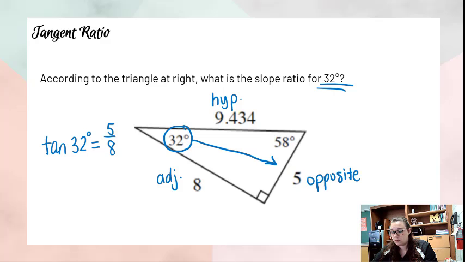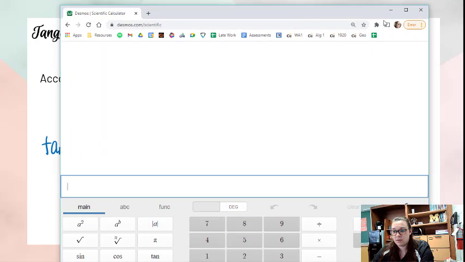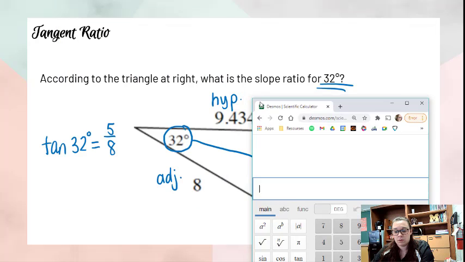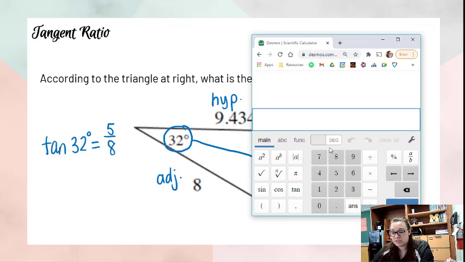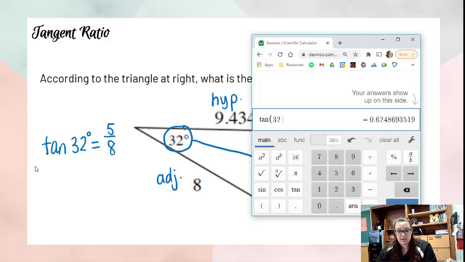Oh, I lost my calculator. Let me reopen it. Sorry, here it is again. I'm going to make it way smaller. There we go. So tangent 32 is 0.6248.